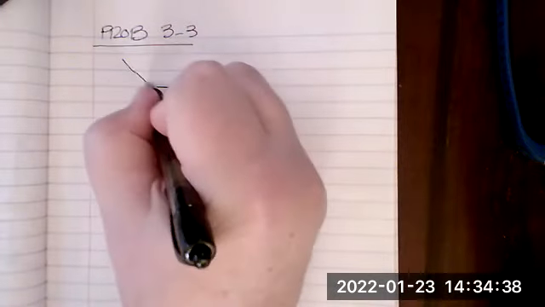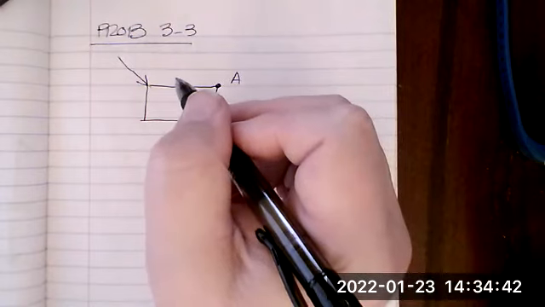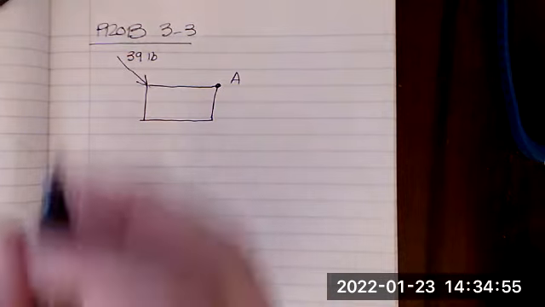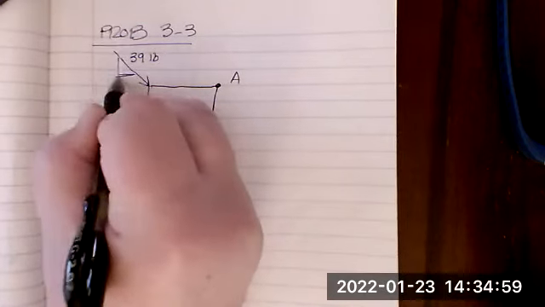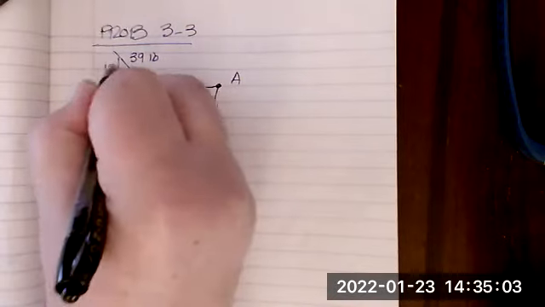You have a force coming this way. Remember, a force is a vector, and this is 39 pounds, not 391. And they give us a force triangle here of 5 and 12.